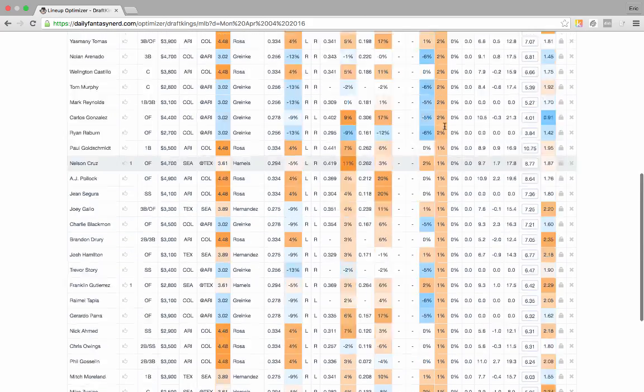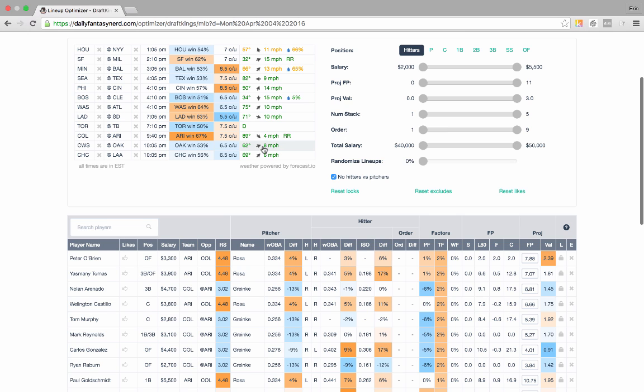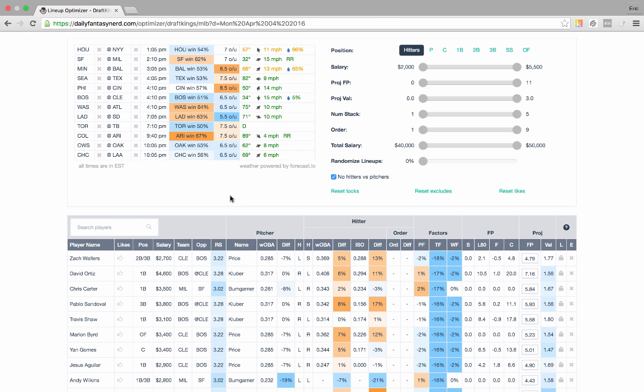We also have Texas, 82 degrees. Whereas if we take the negative side, we have Cleveland, Boston, 34 degrees, very cold. We got all of these numbers based off of historical backtesting that we've done to figure out how increases or decreases in temperature affect certain hitting categories, and we actually adjust those individual hitting categories accordingly.